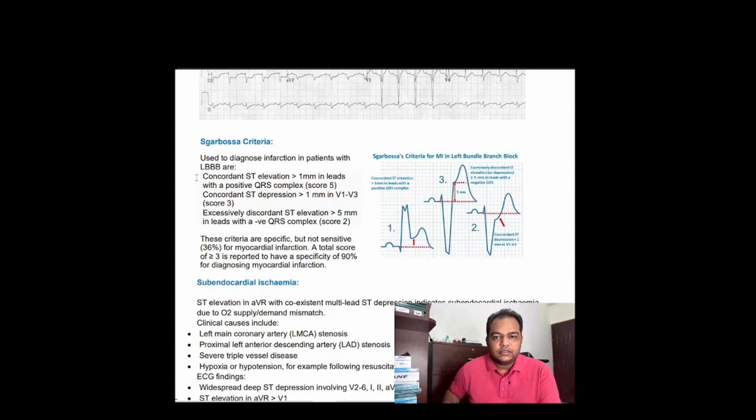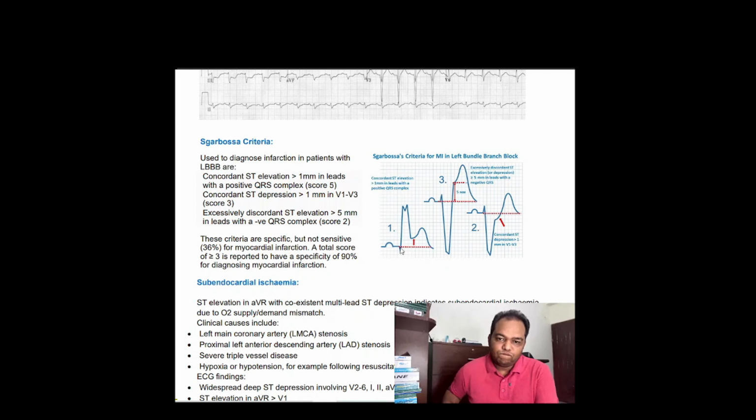First point indicates concordant ST elevation more than 1 millimeter in leads with a positive QRS complex. It represents a score 5. Look at this number 1 picture.